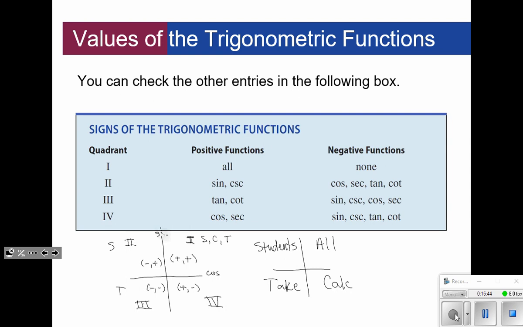All students take calc. All of the trig functions are positive in the first one. Sine is positive in the second. Tangent is positive in the third. Cosine is positive in the fourth. And again, I'm just talking about the main three. Because if you know the main three, the rest are easy. We okay there? Okay.